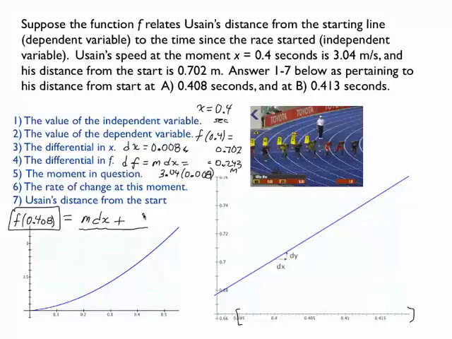Oh, you guys. So if we want his new distance from the start, this is his change in distance. What are you going to add to get his new distance from the start? His change plus? And what's the initial? 0.702 expressed as f of 0.4.